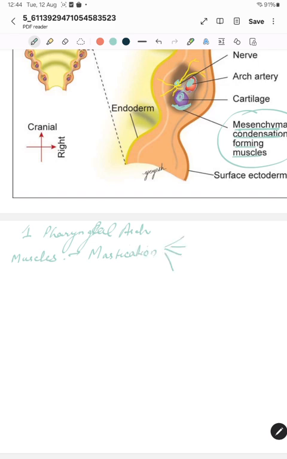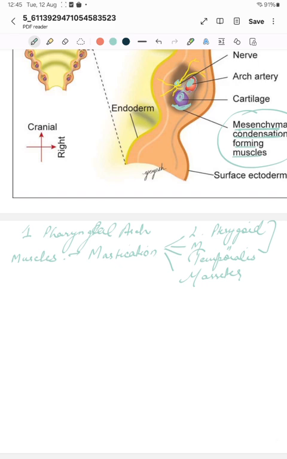What will be included in it? Medial and lateral pterygoid muscles, temporalis and masseter are included in it.